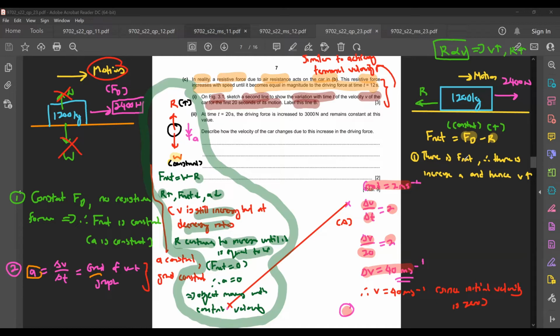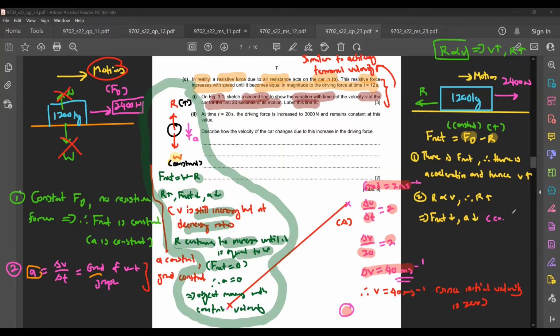Ft minus R will tell you there's net force, there is acceleration, and hence speed increases. But here then I'll tell you that R is proportional to V. Therefore, R increases. So from here, F net drops, acceleration drops, the car still speeds up, but at a decreasing rate.